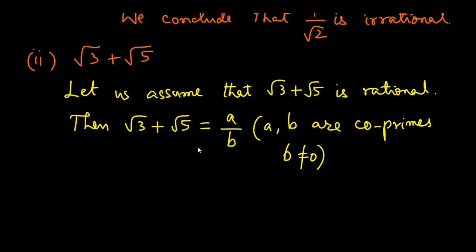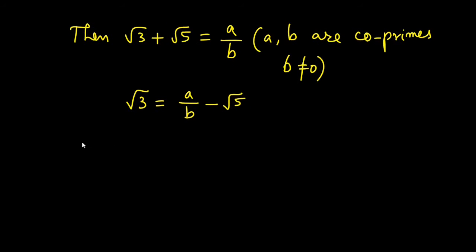Now let us rearrange and keep only either root 3 or root 5 on one side, the other numbers on the other side. Let us keep root 3 here. Root 3 is equal to a by b minus root 5. Now square on both sides.